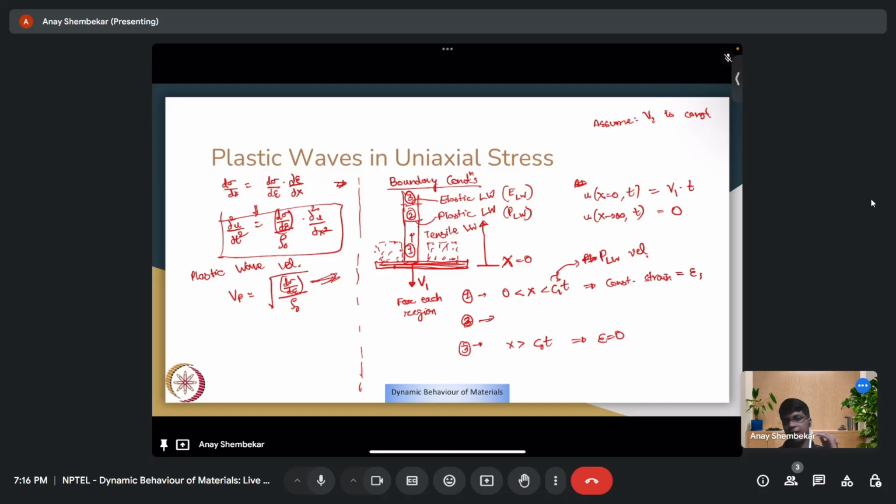Region 3 is strain free, and region 2 falls somewhere in between, with some strain between 0 and epsilon 1.